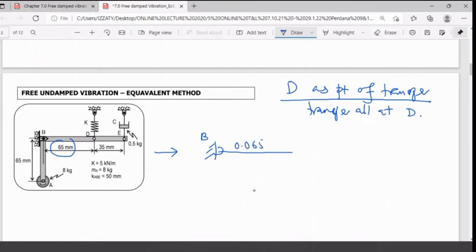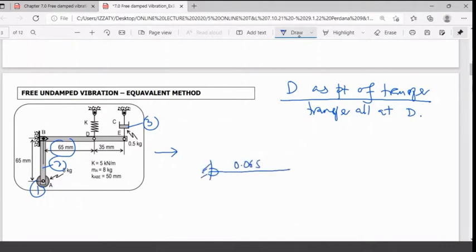And we have one mass, two masses, three masses, so you put three blocks here. Again 0.065, 1, 2, 3.